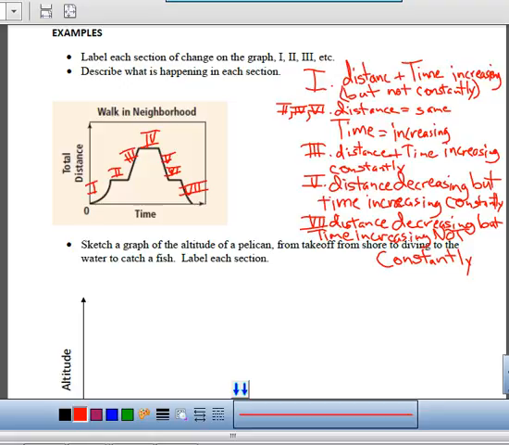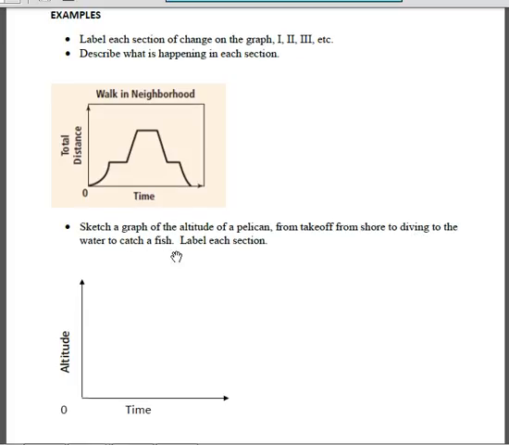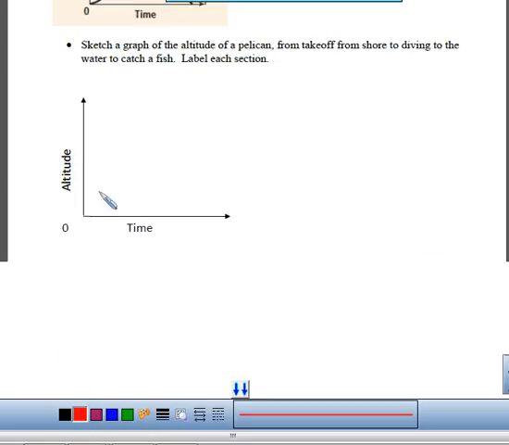Okay, we have one more graph you're being asked to sketch. Okay, so let's read the situation. Sketch a graph of the altitude of a pelican from takeoff from shore to diving to the water to catch a fish. Label each section. Alright, so I'm going to help you sketch this, and then off to the side I want you to actually describe all of what this is.